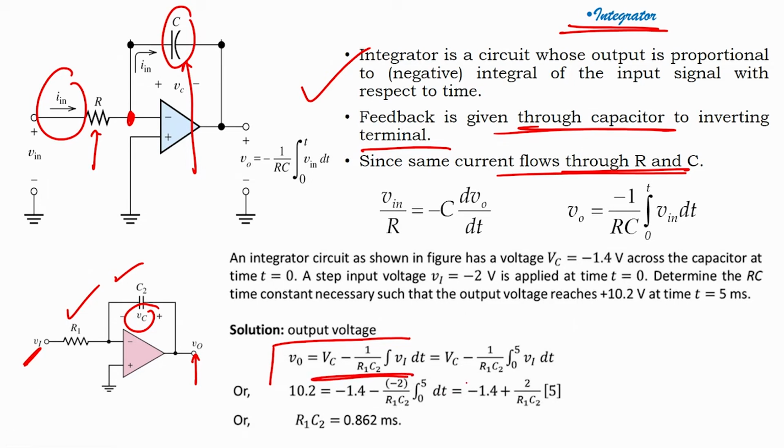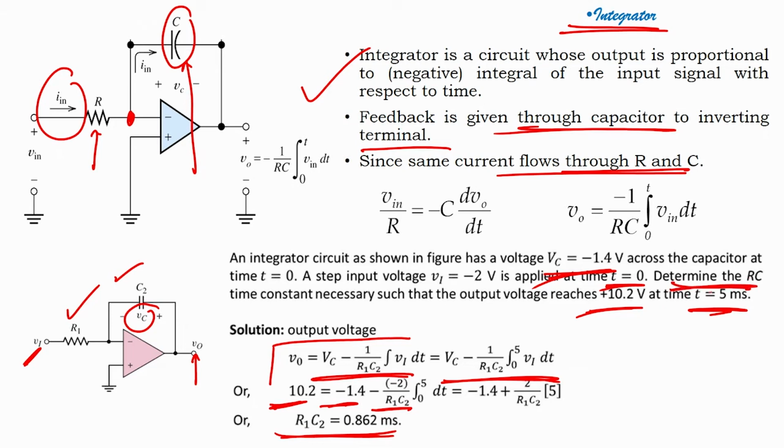Substituting the values from t equals 0 to t equals 5 milliseconds, I substitute 0 to 5 V1 dt. The output voltage VO is 10.2, so 10.2 equals minus 1.4, which is my Vc, plus the integral from 0 to 5 of dt term. When I substitute the values, I find R1C2 to be 0.862 millisecond.